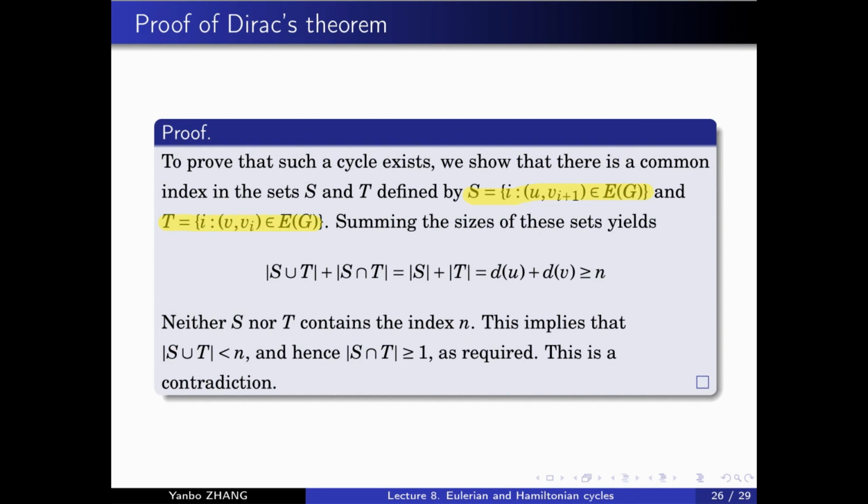Then we can find a Hamilton cycle. So we need only to prove that S intersection T has at least one element.